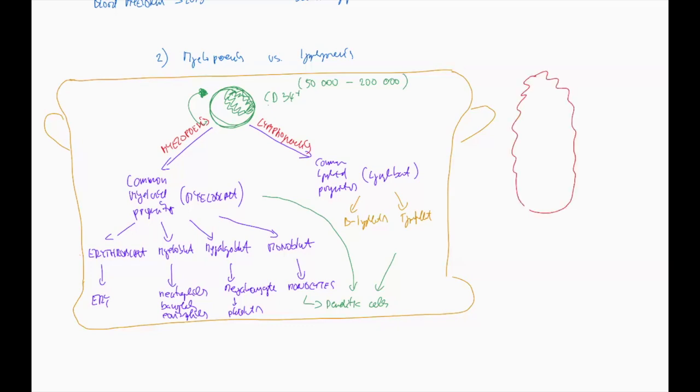And the difference between the T and B line is, if I compare them, how many divisions and how much they mature in the other organs outside the bone marrow. So in terms of the thymus and T lymphoblasts, they mature longer, or in more phases, because, for example, the VDJ recombination happens in the thymus, okay?